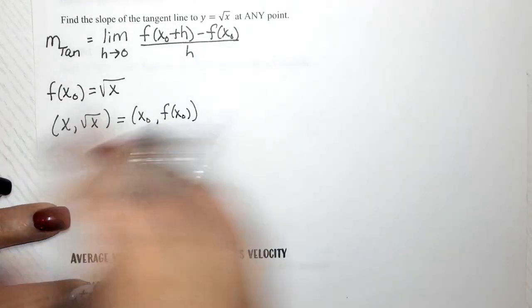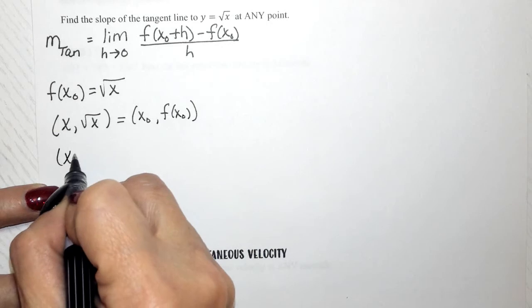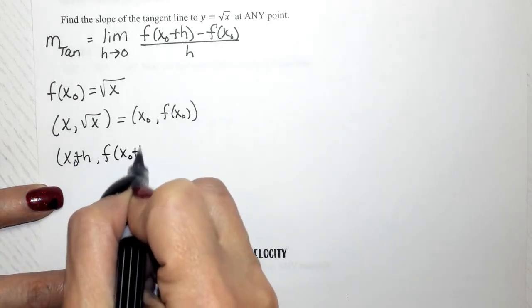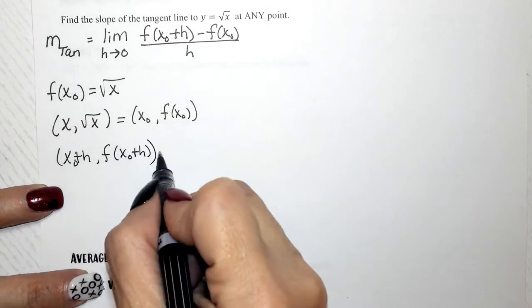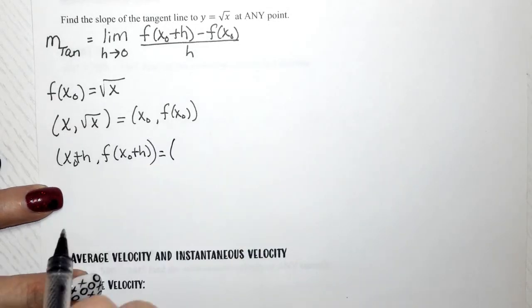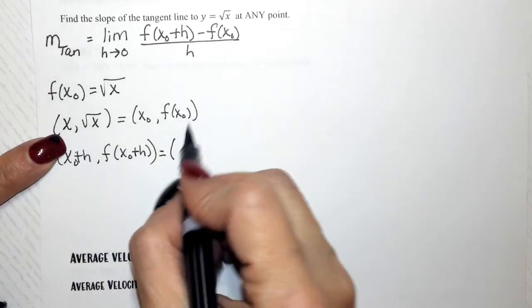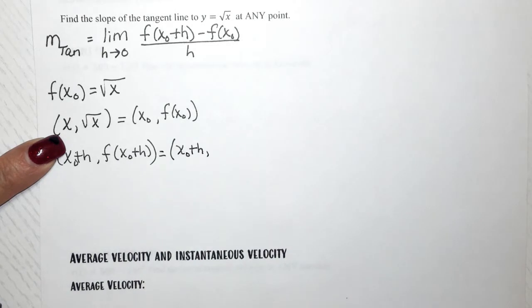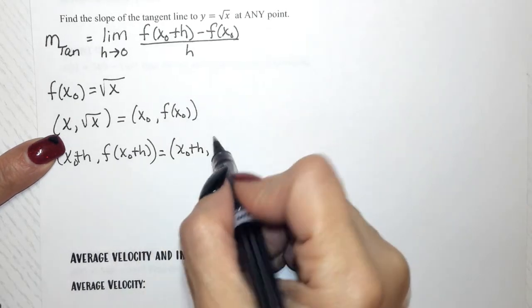Then the other thing, I kind of wrote those backwards. The other thing we have to know is what is x naught plus h and f of x naught plus h. Well, that would be x naught plus h. So here's x, so it actually is just going to be x naught plus h. But when you do f of x naught, it's going to look a little bit different, right?